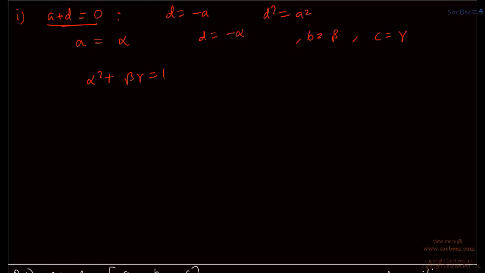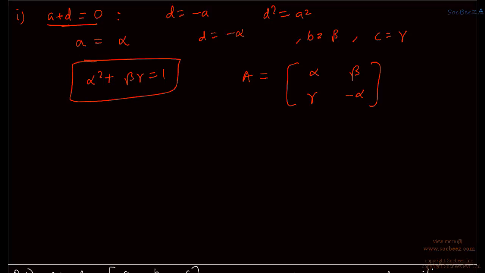So any matrix A with entries alpha, beta, gamma and minus alpha satisfying this condition will be a square root of our identity matrix I. We just have to find any three numbers alpha, beta and gamma such that alpha square plus beta gamma is equal to 1.